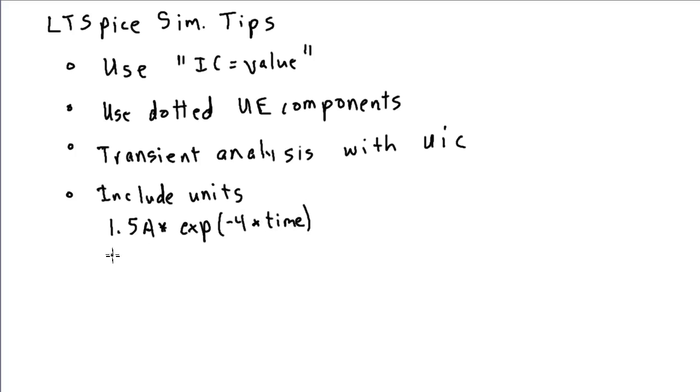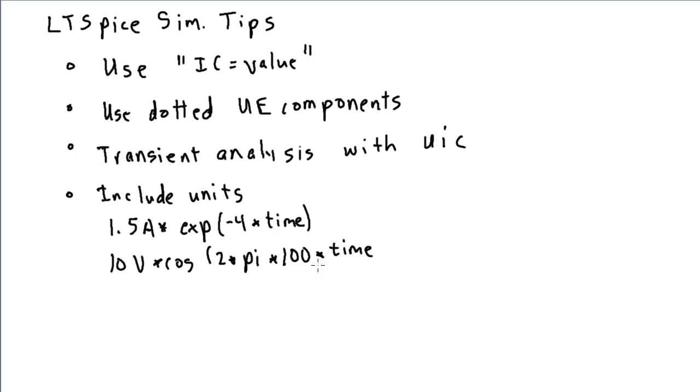Or another example would be 10 volts times cosine of 2 times pi. LTspice knows the pi variable. You spell it out, pi times 100 times time.